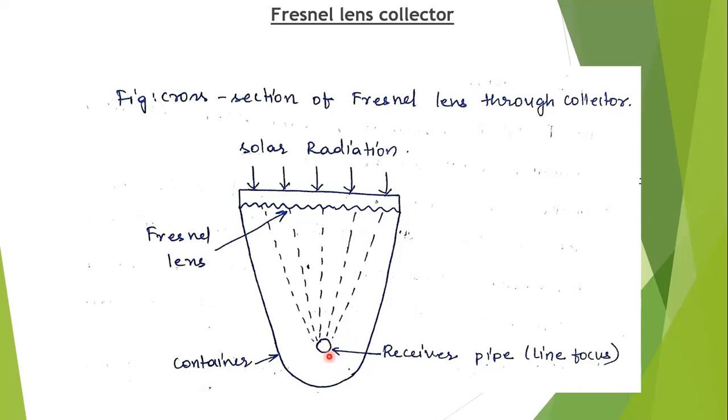Actually, all the previous types are reflection type, but this type is a refraction type of focusing collector. It utilizes the focusing effect of the Fresnel lens. For a trough type collector, the lens is rectangular, about 4.7 meters in overall length and 0.95 meters in width.